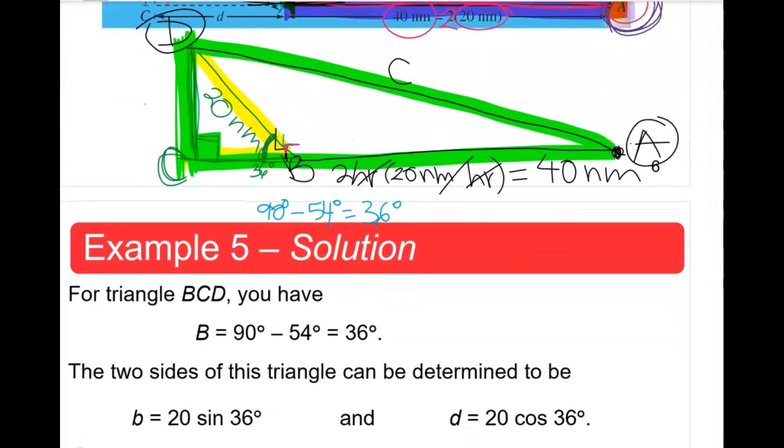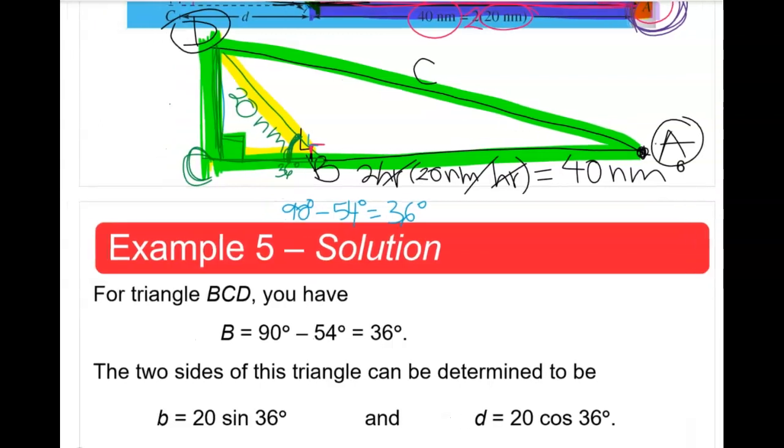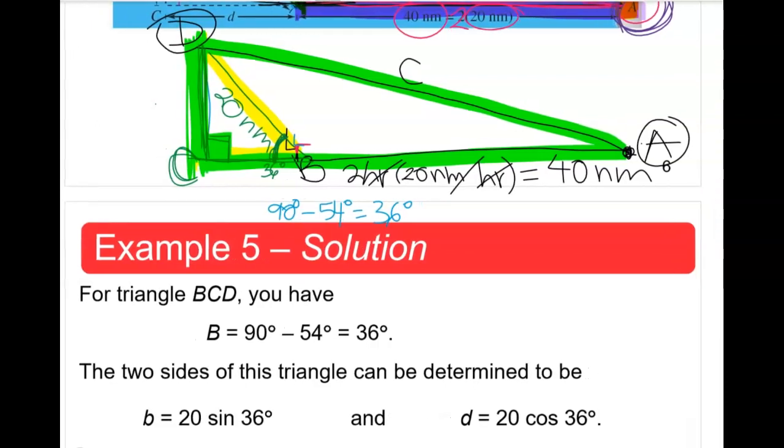So for the triangle BCD, which is the one that I trace with the yellow highlighter first. BCD, the little one. C is here, B is here, and D is here.